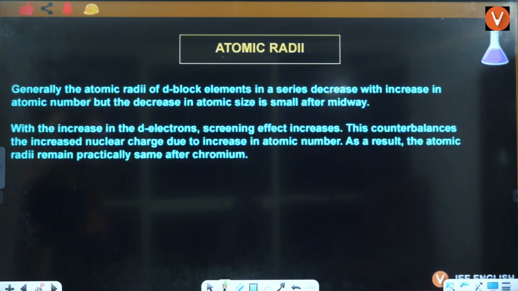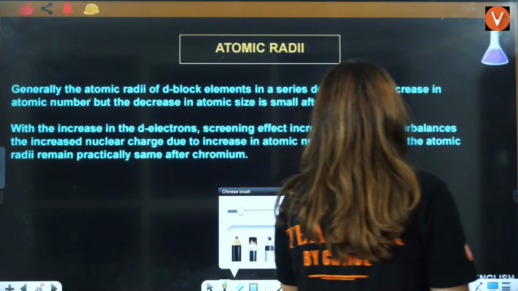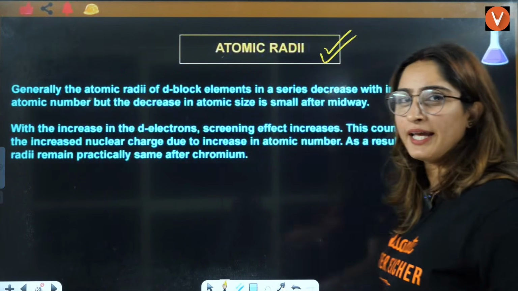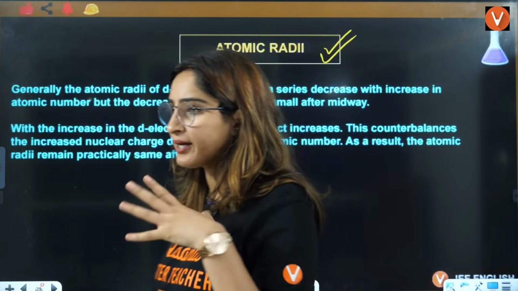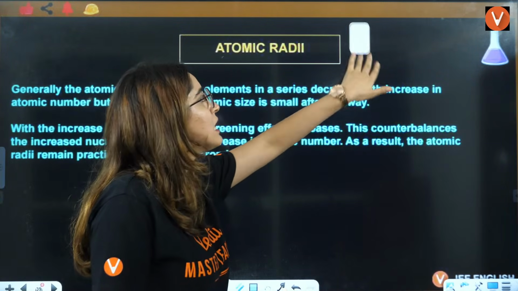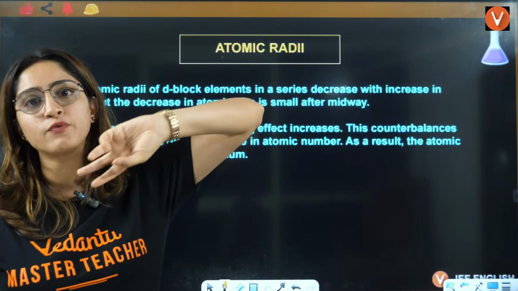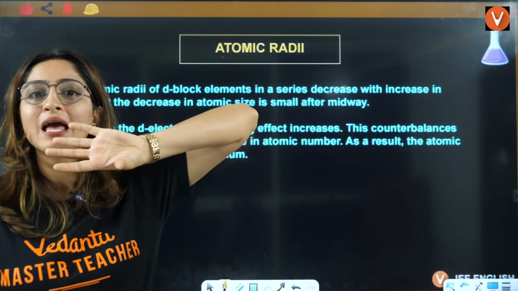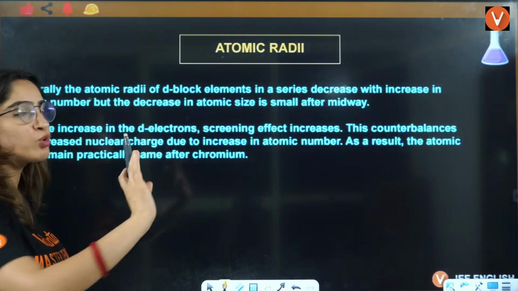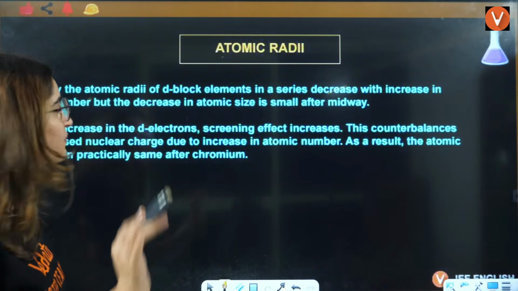If you see atomic radii, you must have studied this in periodic classification as well, but I am assuming that you have not studied it. First is comparison of 3D, 4D and 5D. Then there is what happens throughout 3D. So let's talk about what happens throughout 3D firstly, right?